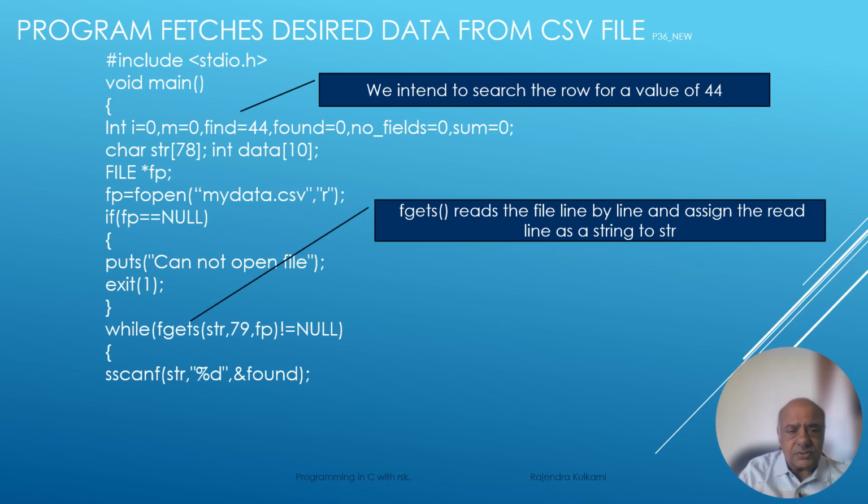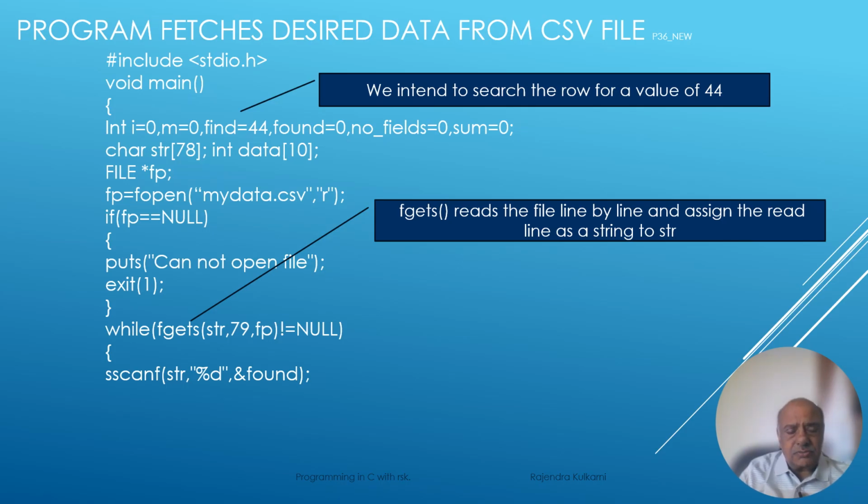What do we mean by first value? The text that is appearing from the start of the string exactly up to a comma in the string. So sscanf function picks up the substring of str from the beginning, from the 0th element of str up to the element which is prior to the comma.